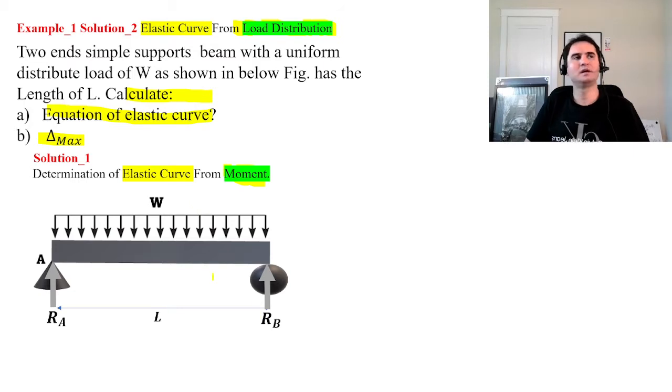Again, we have a simply supported beam having a uniformly distributed load of W over the entire cross section.